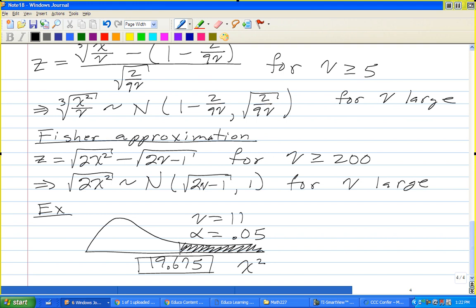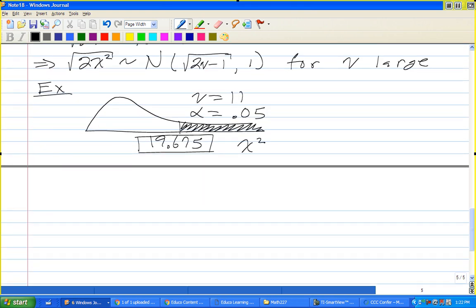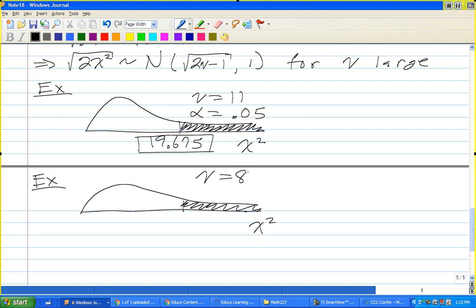Let me do another one. Given degree of freedom is 8, and the area of the right tail is 0.025, determine the value of chi-squared.